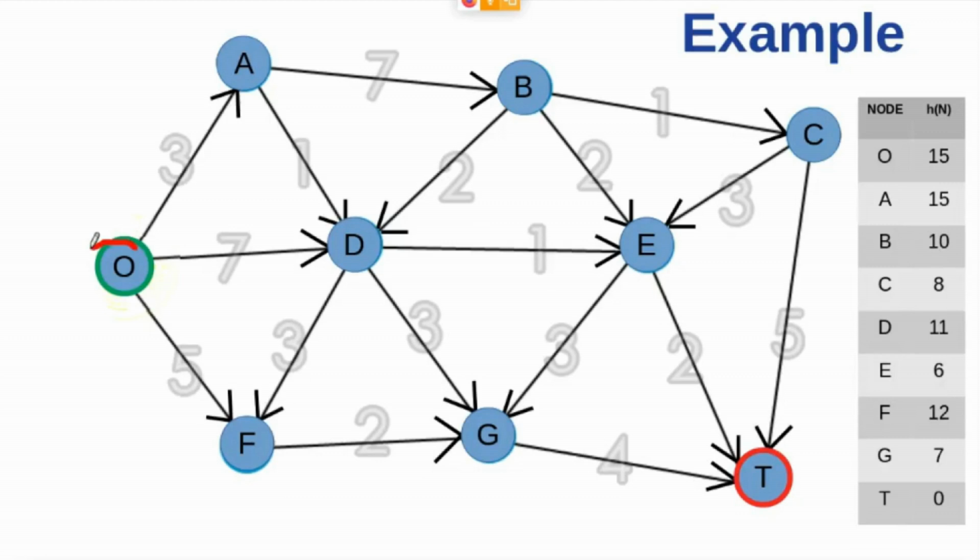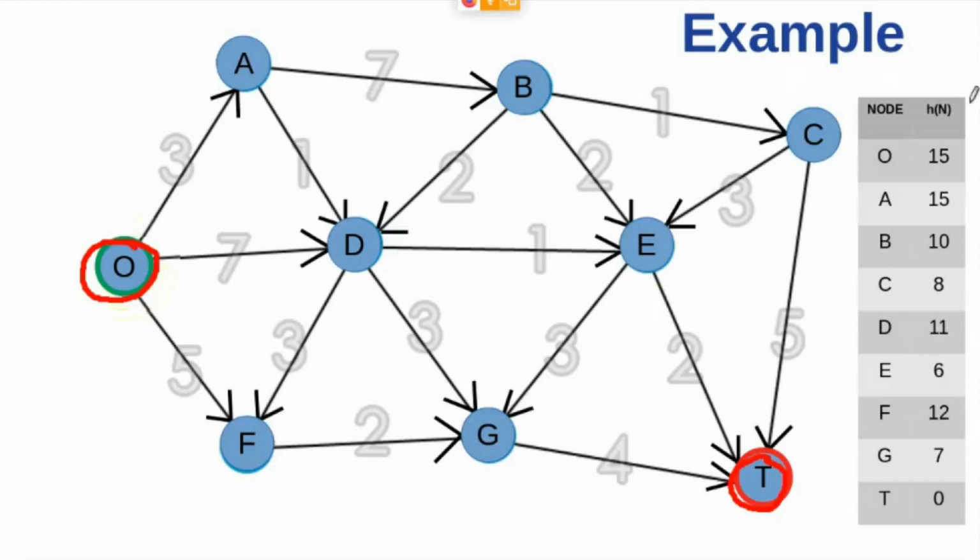Here we have the origin, as you can see here, with an O, and then we have the target with a T. And we have the weights, as you can see here. The weight when going from the origin to A is 3. Here we have 7, 1, and so on. So these are the real costs when going from one node to its neighbors, right?